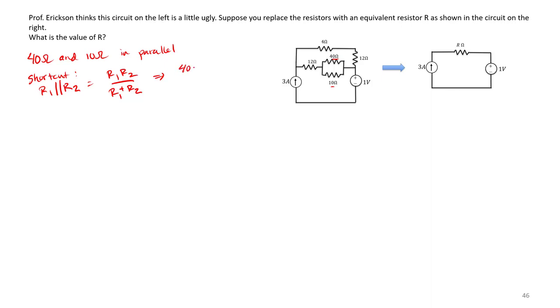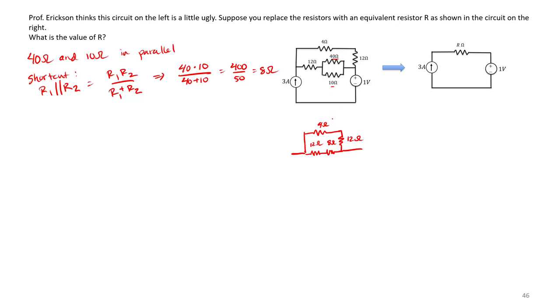So in this case, that will give us 40 times 10 divided by 40 plus 10, which is 400 over 50, or 8 ohms. So already we've simplified down a little bit. We have a 12 ohm, an 8 ohm, 4 ohm, and 12 ohm as our resistor piece of our circuit.